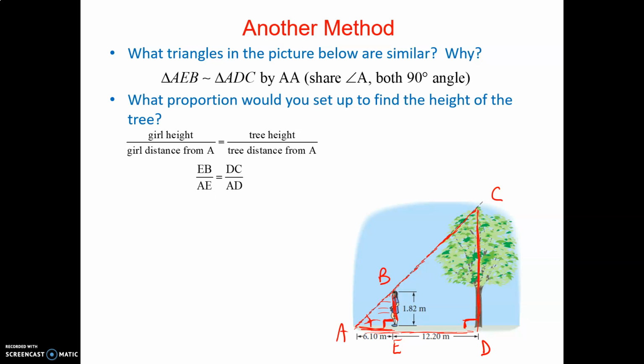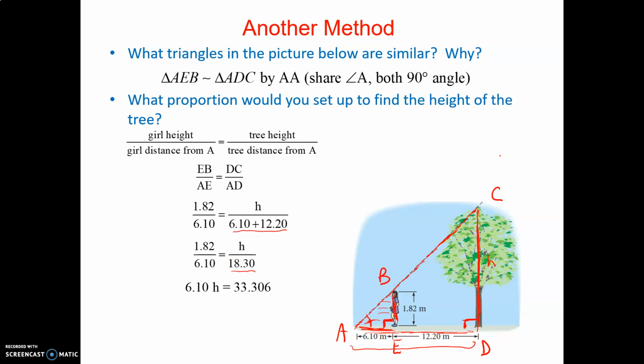EB over AE is equal to DC over AD. So 1.82 over 6.10 is equal to the height of the tree that we don't know over this total distance, which is 6.10 plus 12.20. So I add these together and get 18.30.